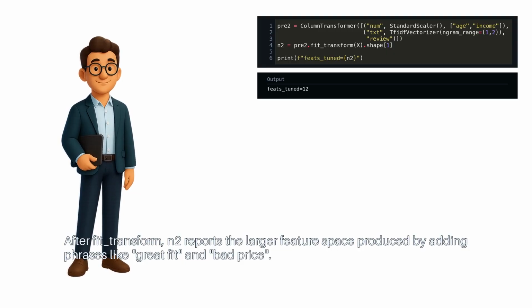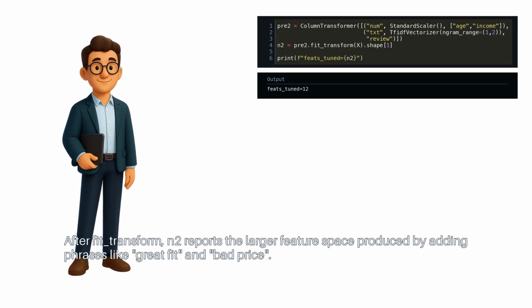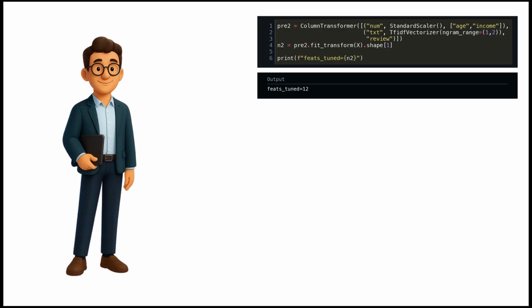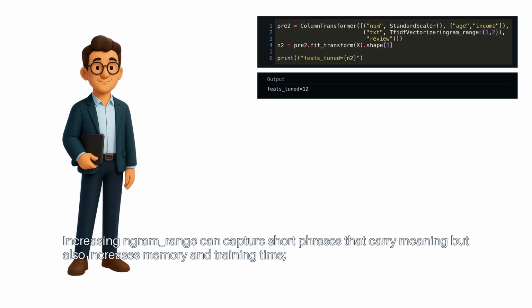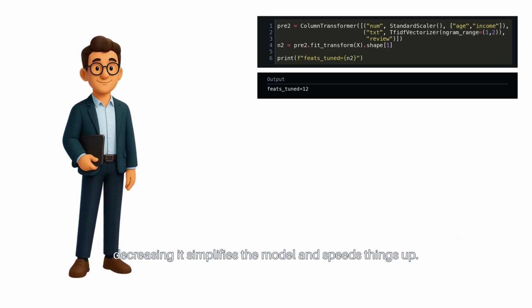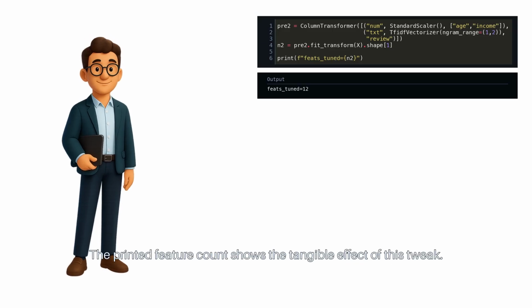After fit_transform, n2 reports the larger feature space produced by adding phrases like great fit and bad price. Increasing n-gram range can capture short phrases that carry meaning, but also increases memory and training time. Decreasing it simplifies the model and speeds things up. The printed feature count shows the tangible effect of this tweak.